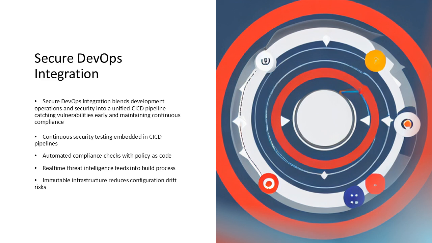Real-time threat intelligence: as they build, the team gets updates on potential threats, like changes in local laws or new building codes, and can adjust the plan accordingly. Immutable infrastructure: they use pre-made, ready-to-assemble parts to reduce the risk of errors or changes that might compromise the building's integrity. By integrating development and security from the start, you can build a solid, safe, and compliant house, or software system, that meets all the necessary requirements.